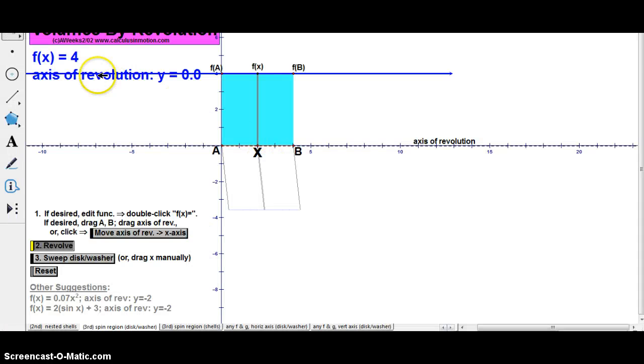I changed my function to y equals 4 to represent the rectangle, and my a values are 0 to 4. If I hit revolve, you can see the cylinder that comes if this rectangle was revolved around the x-axis.